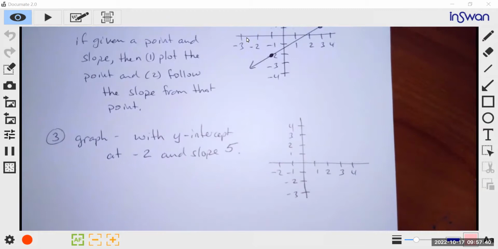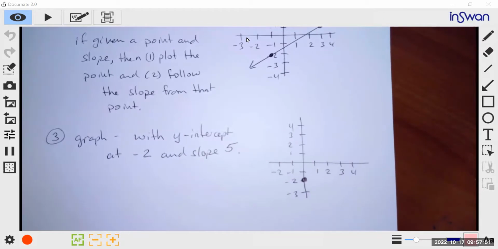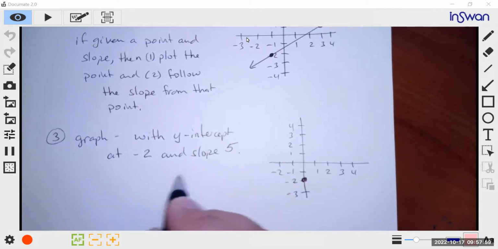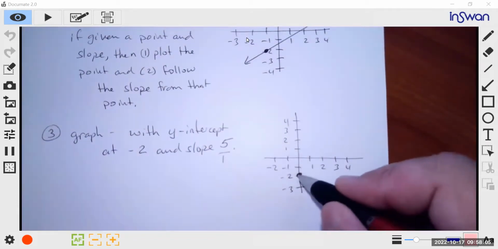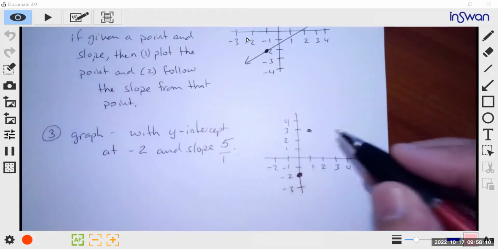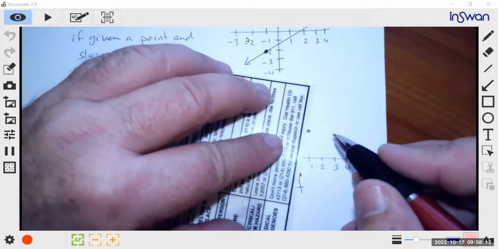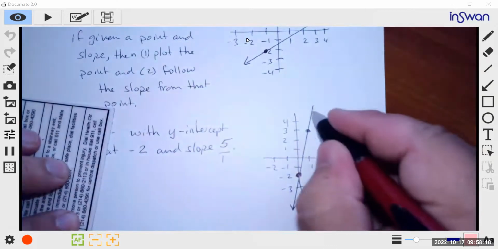Do we have a point and a slope? What's the point? The y-intercept, -2. So we put a dot there at the y-intercept at -2. What does the slope tell me to do? The slope is 5, so it's 5 over 1. From this point, I go up 5: 1, 2, 3, 4, 5, and over 1. Connect the dots, and I'm done.